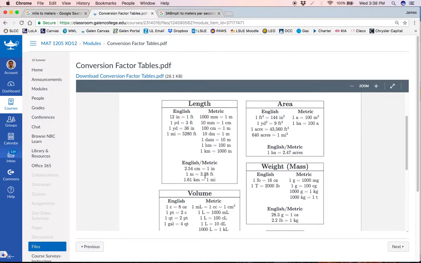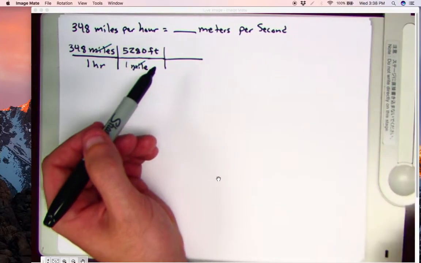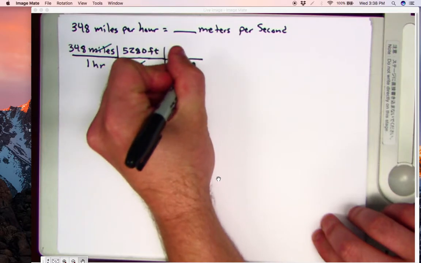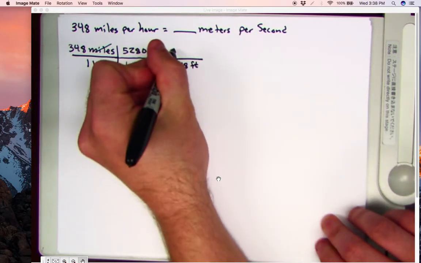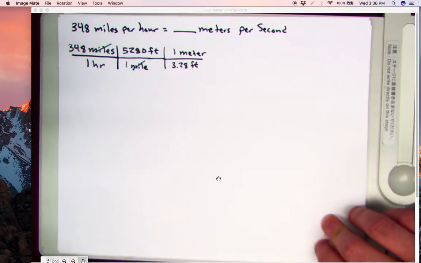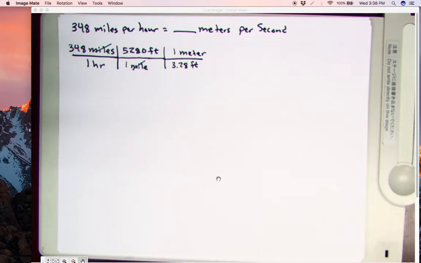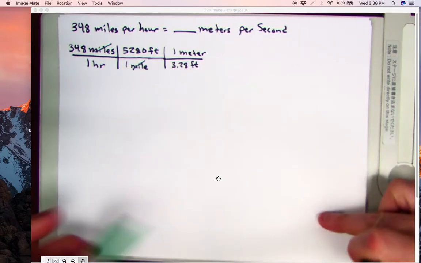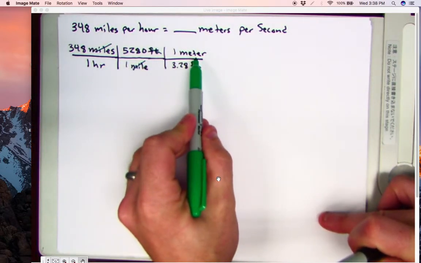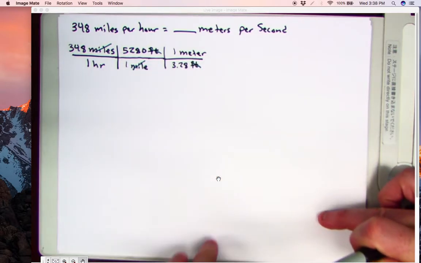Now we have 3.28 feet for 1 meter. Okay, that's listed on your conversion factor tables. So 3.28 feet for every 1 meter. With that being said, our feet unit would cancel out, and we're left with only the unit of a meter on the top.